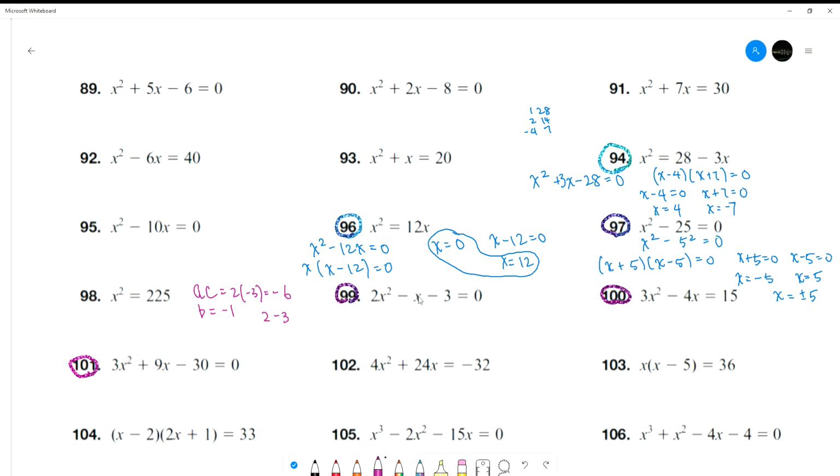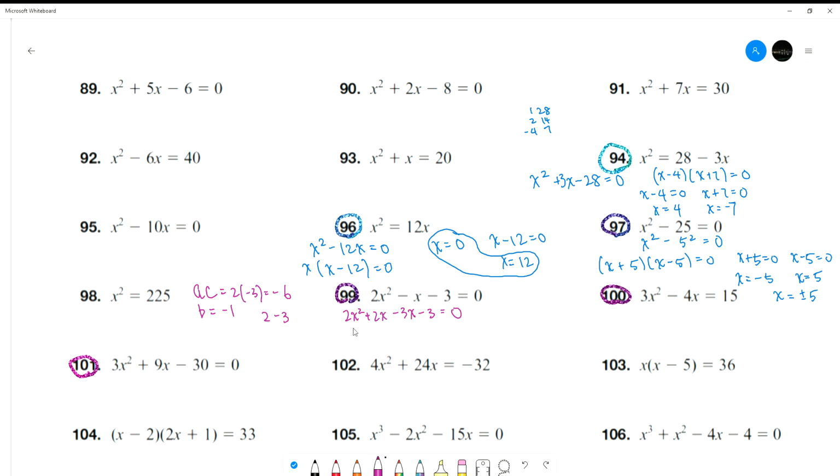So what I'll do is replace the b, right, the middle term, with those two, the 2x and the minus 3x. So we have 2x squared plus 2x minus 3x minus 3 is equal to 0. Then we have 4 terms, so we can factor by grouping, right?